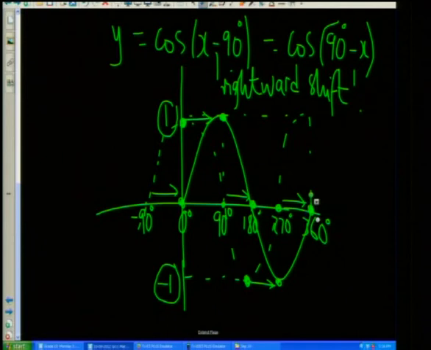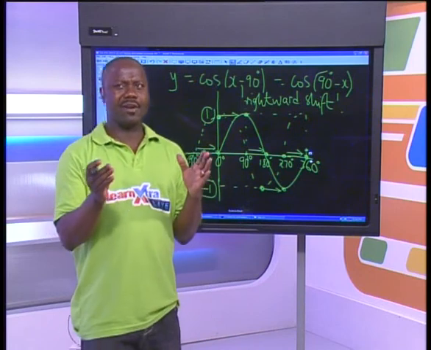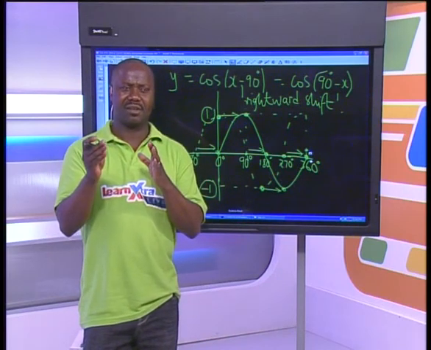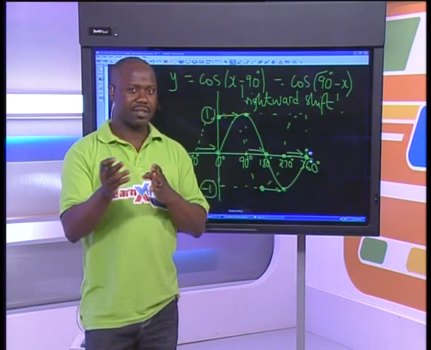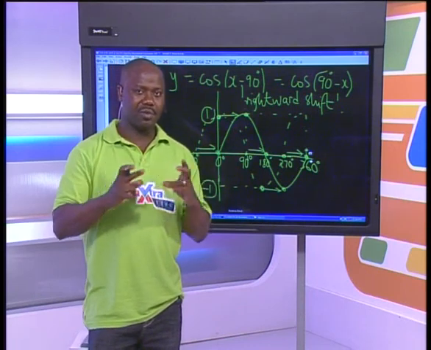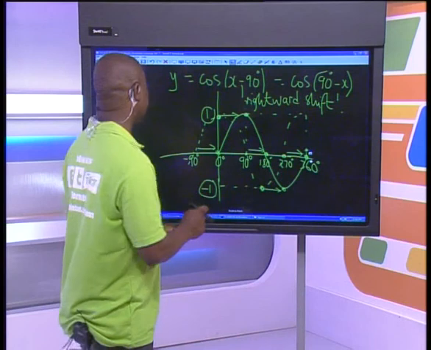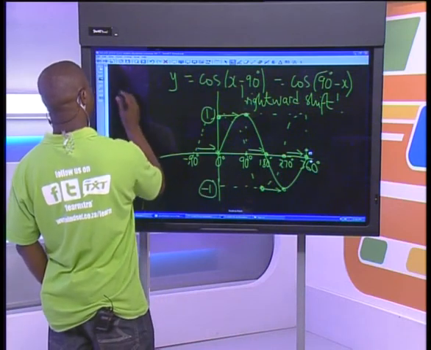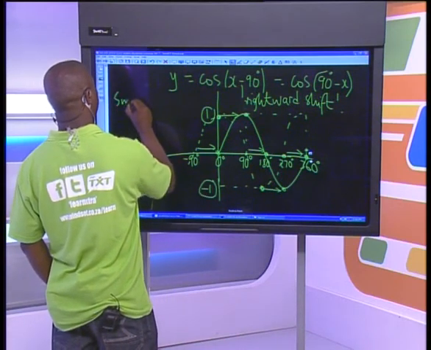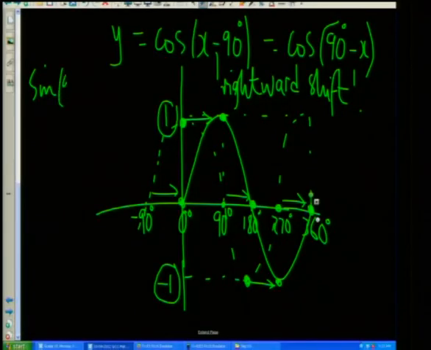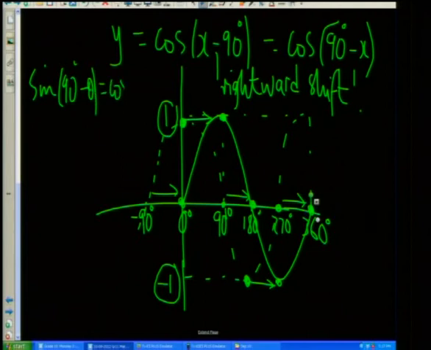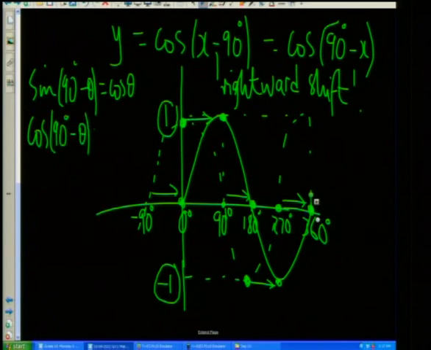Now, what you'll notice therefore is that cosine of 90 minus x is the same as sine of x. And you'll remember from when we were defining the ratios that indeed complementary ratios say sine of 90 minus theta is the same as cos of theta, or cos of 90 minus theta will be the same as sine of theta.